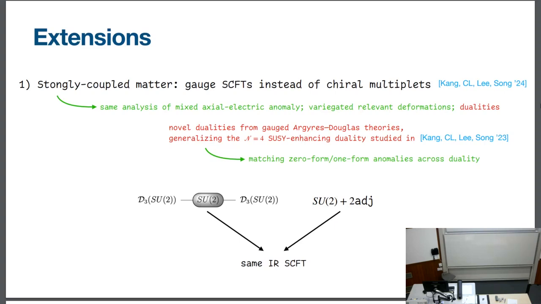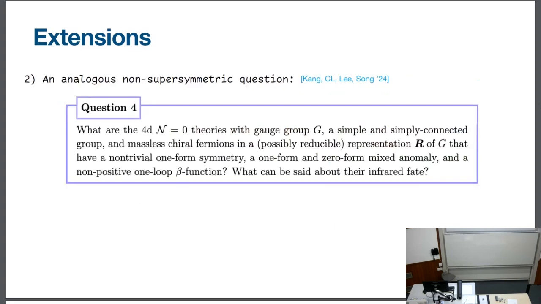So this is a gauging of two Argyres-Douglas theories, and this is a Lagrangian gauge theory, and you can see that these flow to the same IR SCFT, and you can match the anomalies. You can also ask a non-supersymmetric question. This is exactly the same as question 1, except now I don't worry about CFT in the infrared, because I don't know how to answer that question in a non-supersymmetric setting.